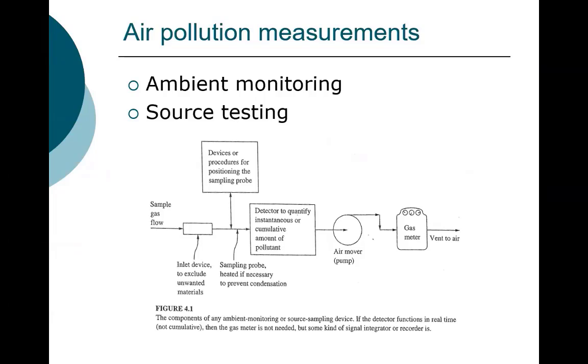As I mentioned, there are two different types of air pollution monitoring. One is ambient monitoring and the other is source testing. Ambient monitoring is an attempt to assess the concentration of pollutants that the public breathes.